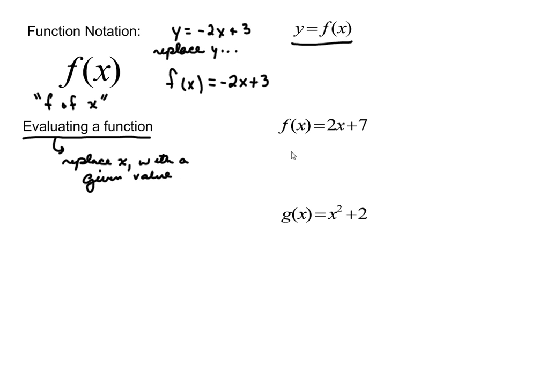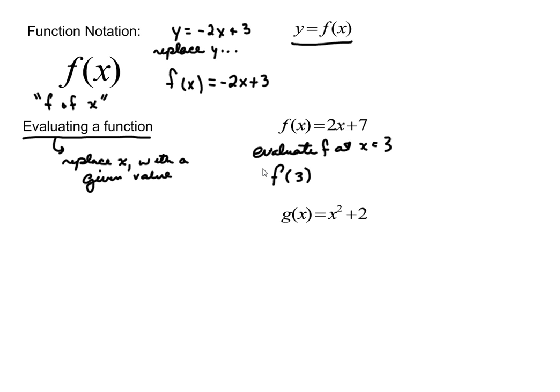So if I have the function f of x equals 2x plus 7, and I say evaluate f of x at x equals 3, then we're going to replace x with the number 3, and we write it like that.